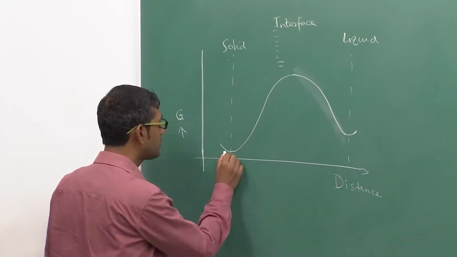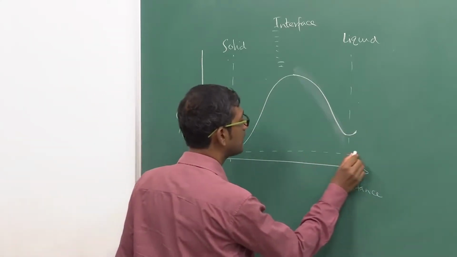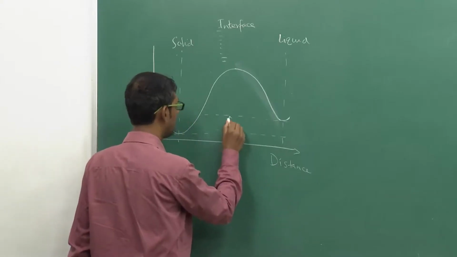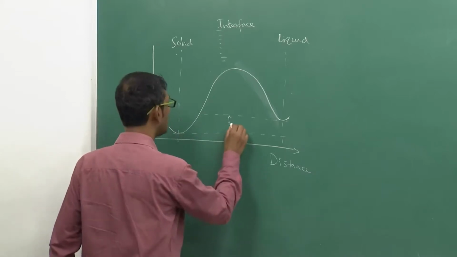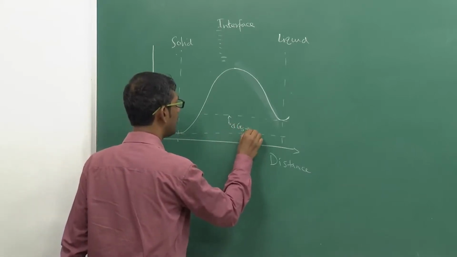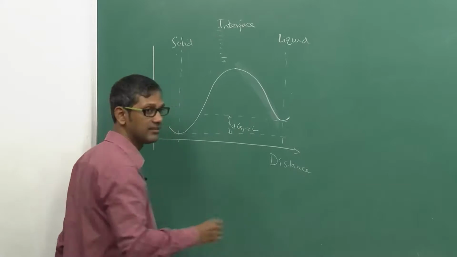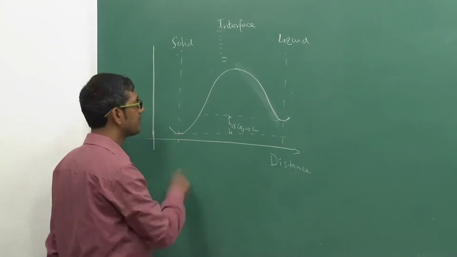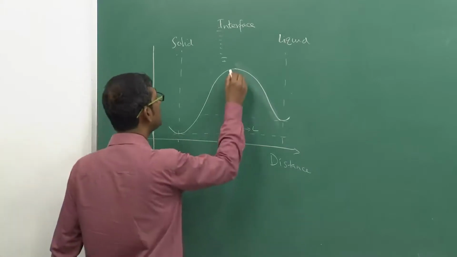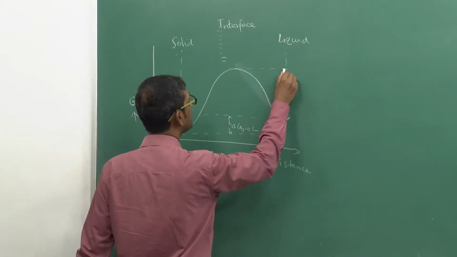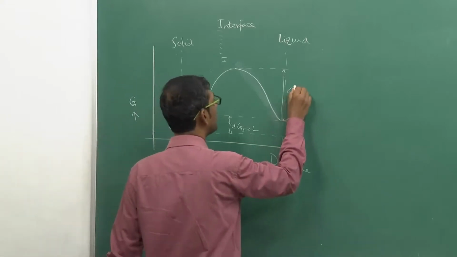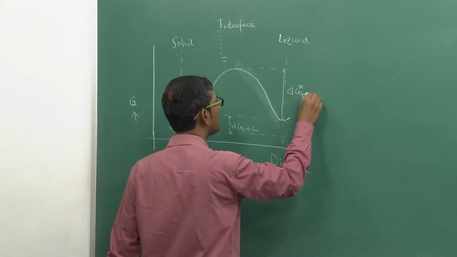Now, this difference between the solid and the liquid I can define as delta G, solid to liquid. This is the energy gain when the atoms jump from the liquid to the solid. And this energy, shown as a peak from here to the liquid, is termed delta G star transport.